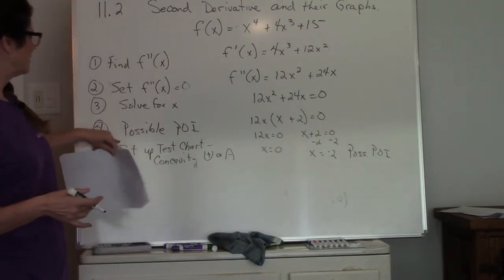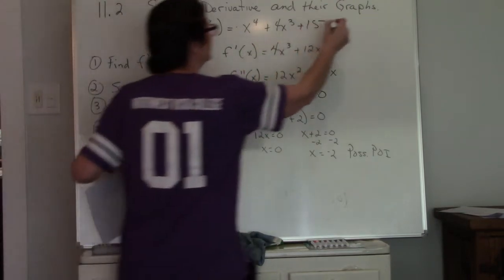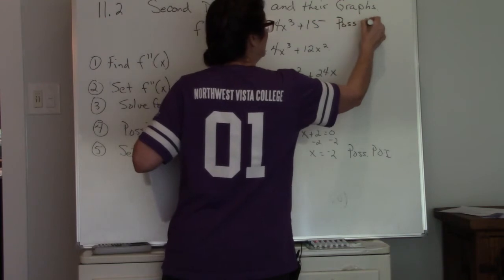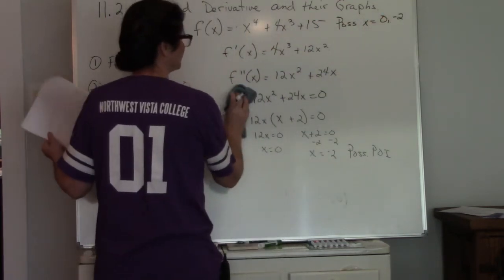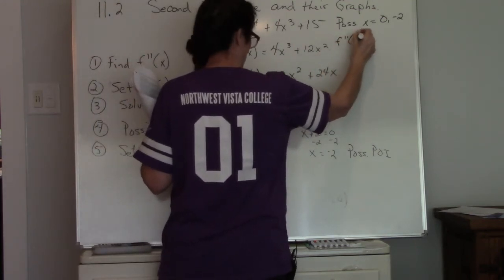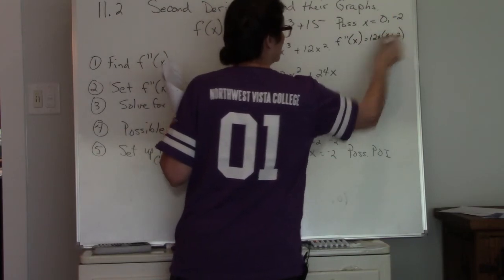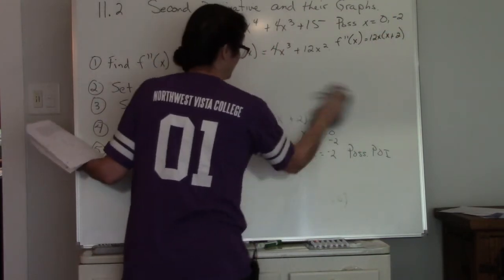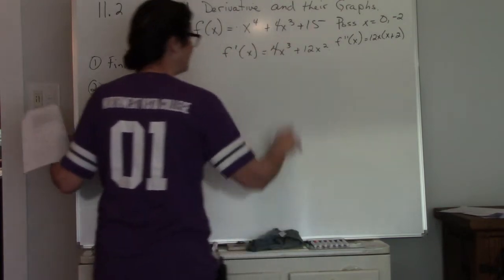So now, next step is I'm going to set up my test chart. Let me write these down. I need to write this down so I can test my points. If you notice, I wrote it again in my factored form.